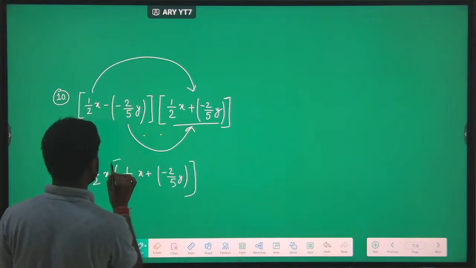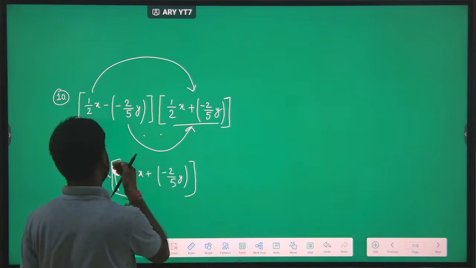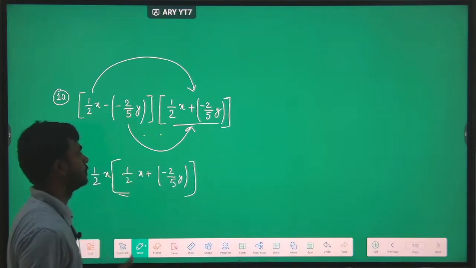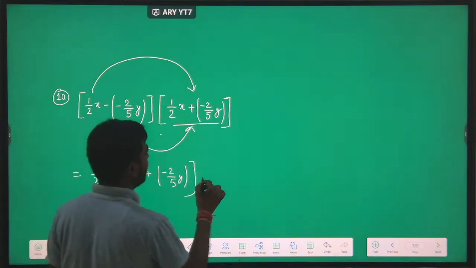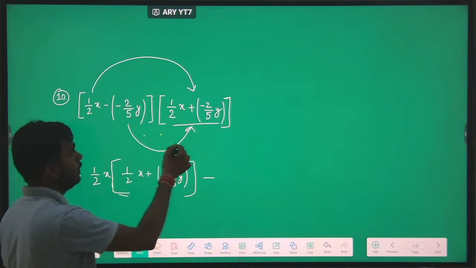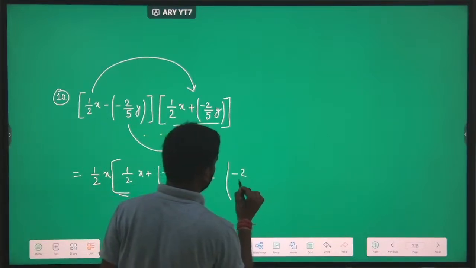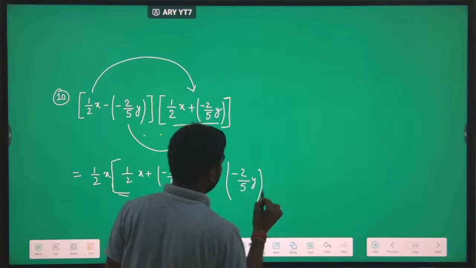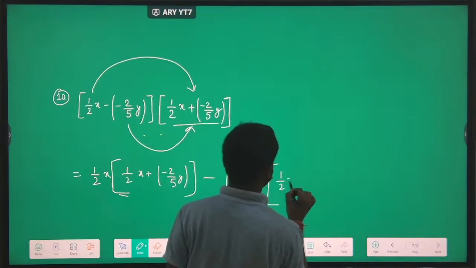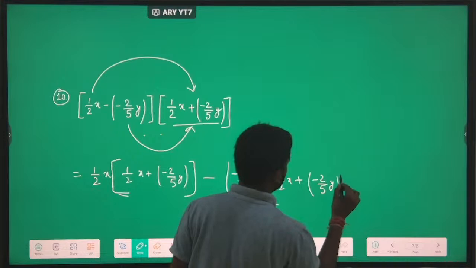Okay. Are you getting it? Similarly, the minus sign will be here, and this minus 2 by 5 of y will be multiplied with this whole term, that is 1 by 2x plus minus 2 by 5 of y.